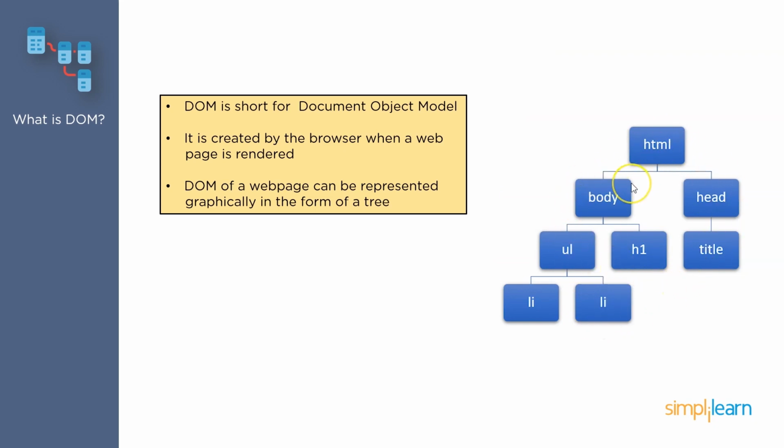So we have a parent and child relationship that you can see over here. And when we speak about events later in the module, you can see how the parent can handle the child event, or the child can manipulate the events of the parent element via JavaScript.